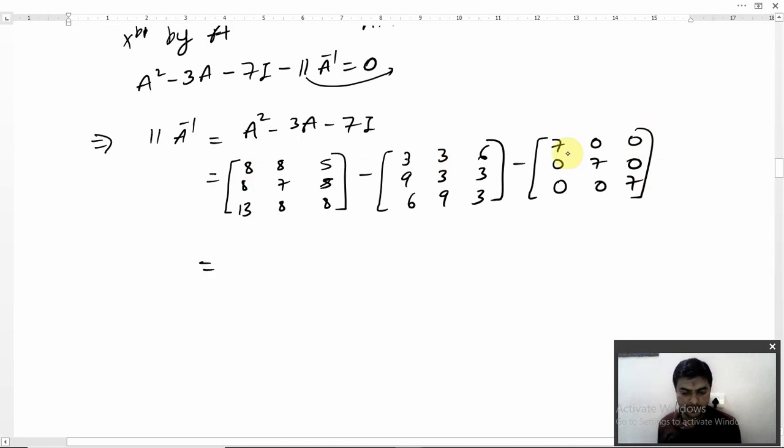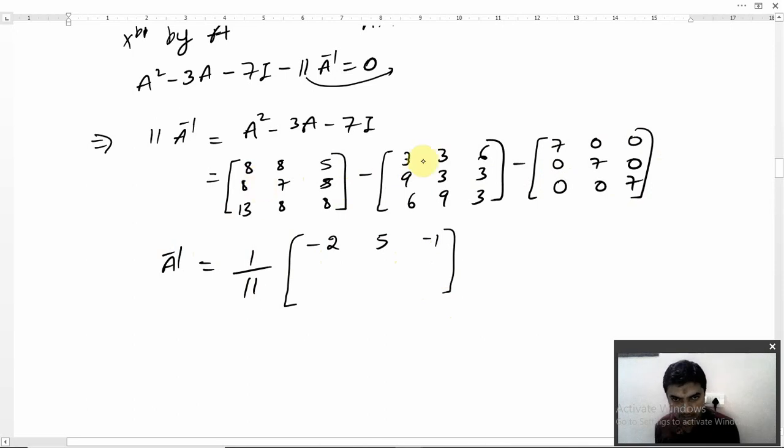8 minus 3 minus 7, you can directly get the value as A inverse 11. I will bring it on this side, 1 upon 11, so I will get this as minus 2. Similarly 8 minus 3 minus 0 will give you 5, and 5 minus 6 is minus 1. Substitute directly in the calculator, or take the corresponding values: first row first column here, here also first row first column.